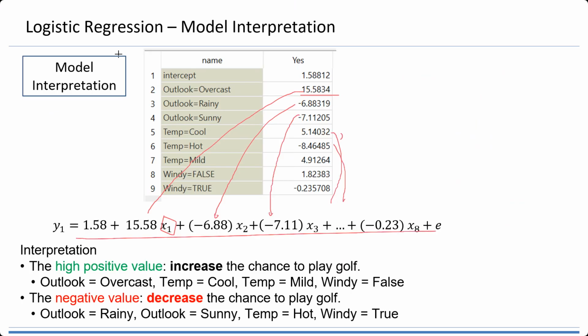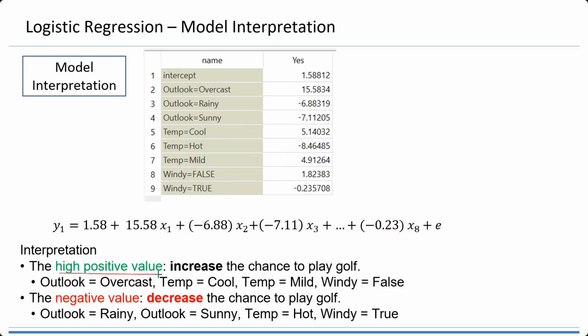It means that if there is a high positive value, it increases the chance to play golf. So for example, overcast, the temperature is cool, when the temperature is mild, and when windy equals false.